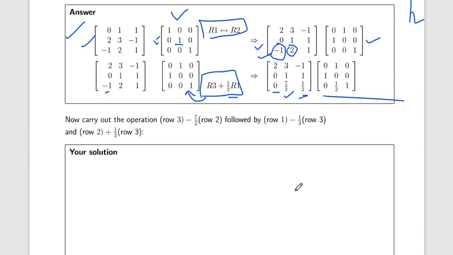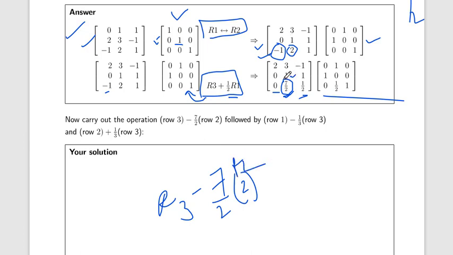Now we will transfer this value into 0. So how do we transfer? Row 3 minus, if we apply this with the second row R2, here you can see that 1.